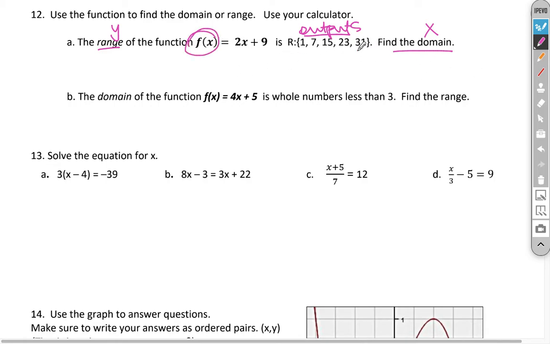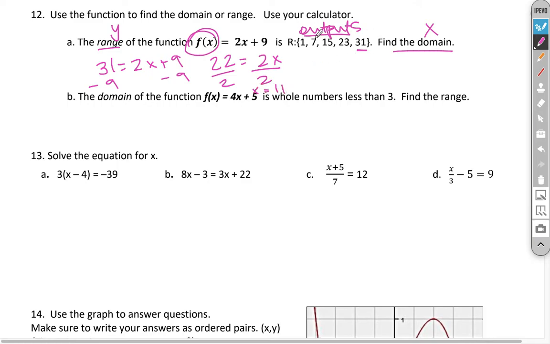I'm just going to do 31, and then I'll list all the other ones. We'd have 31 equals 2x plus 9. We would subtract 9 from both sides, and then we get 22 equals 2x. We need to get x alone, so we divide by 2, and x equals 11.